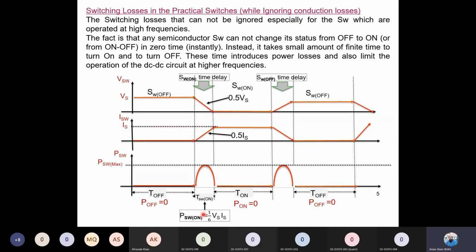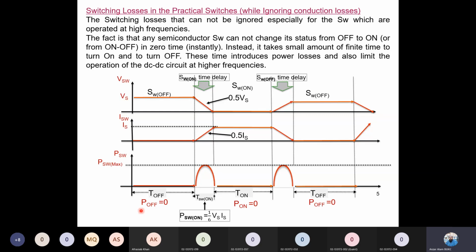When you multiply by a constant, probably it will become 1/6 VS IS. So the switch on power loss is calculated by 1/6 VS IS.